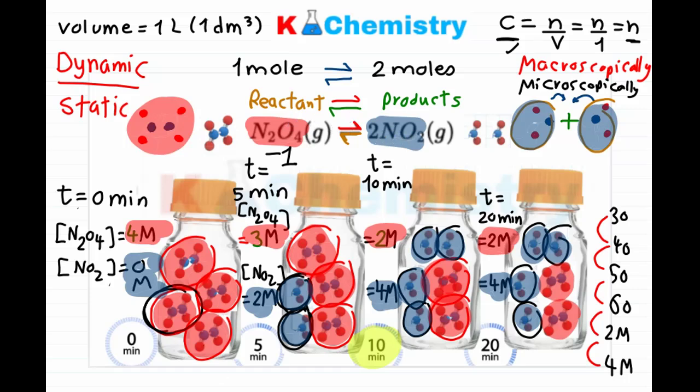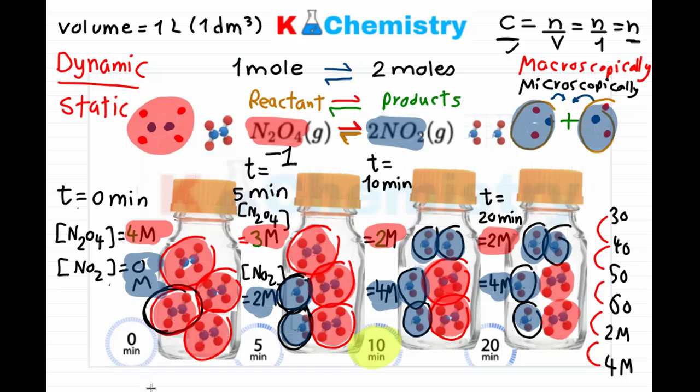So we can say that the reactants are consumed at the same rate at which the products are being decomposed or reacting back into the reactants. So since the rates of the reactions become equal, the concentrations of the reactants and products become fixed.